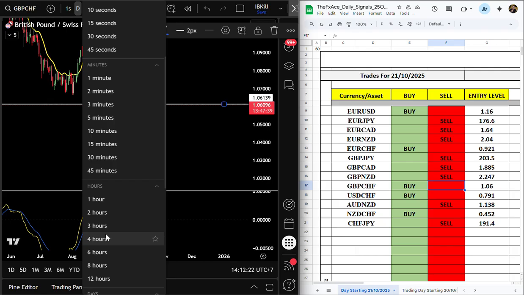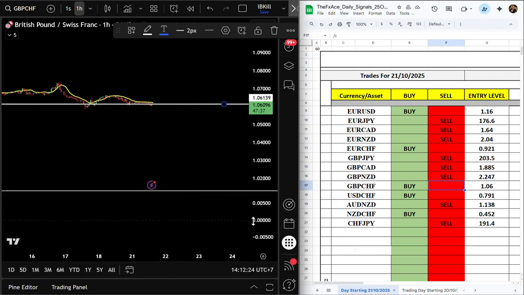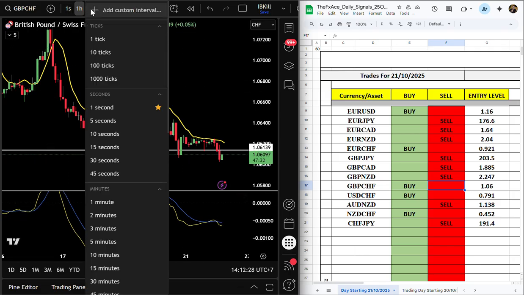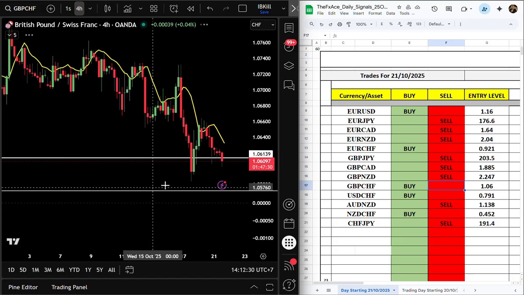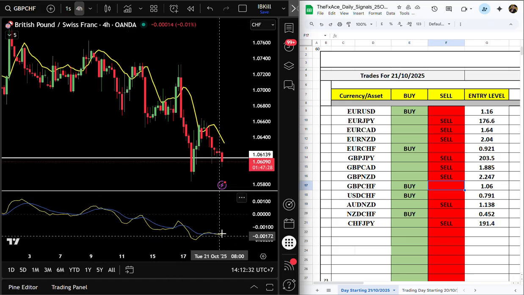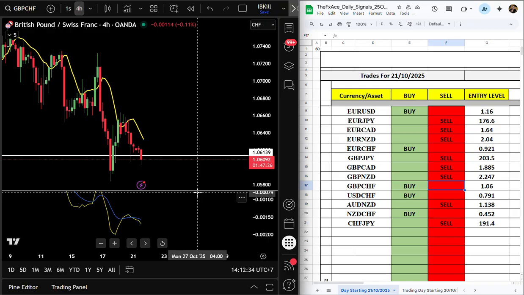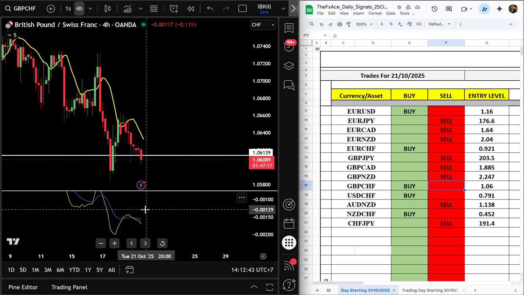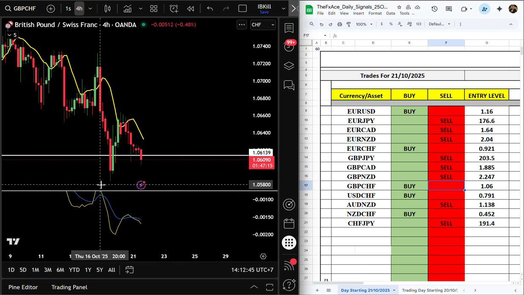If we look at the 4-hour chart, sorry. Okay, we are getting divergence here. What I'd love to see, and this is for a long-term play, is for the MACD to start crossing and move back up, looking to cross over on this kind of divergence here.